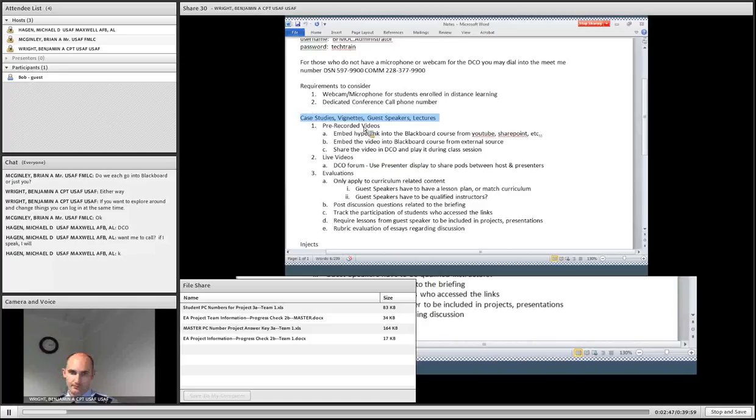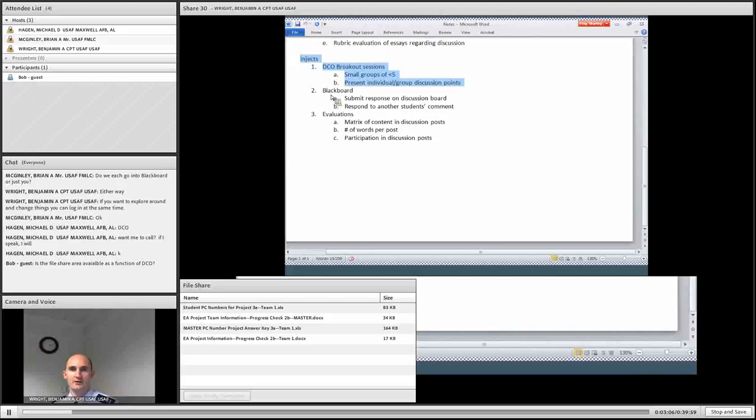And how to break them up into groups. We all came to the conclusion that DCO and Blackboard were most likely going to be the effective way of breaking down those small groups, in groups smaller than about 5 people. Different aspects of these injects.